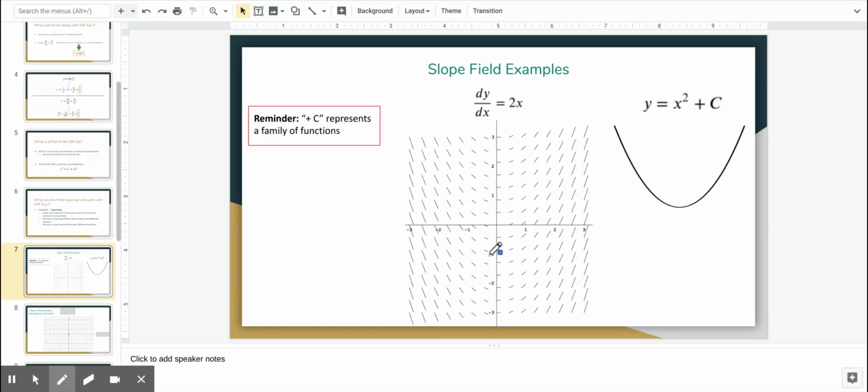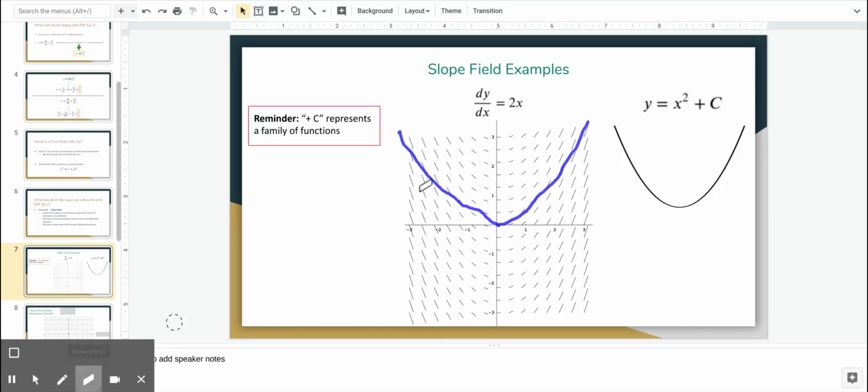No plus c there at that point. And so I could start at 0 and start to follow these slope lines. Okay, it might not be perfect, but I should get an idea of what a solution to the differential equation might look like, just by following the slope lines itself.